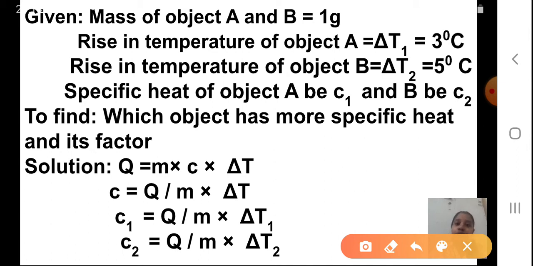Now you have studied the formula Q is equal to M into C into delta T. Here we have taken C1 and C2, and what we have to find is C1 and C2, the specific heats.